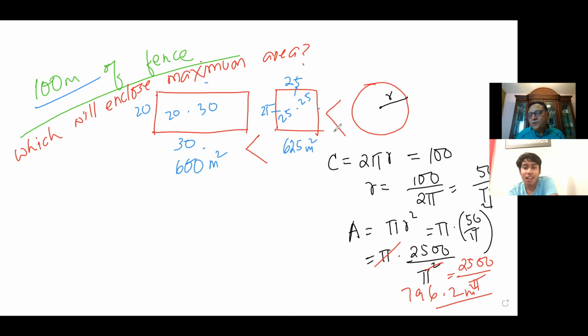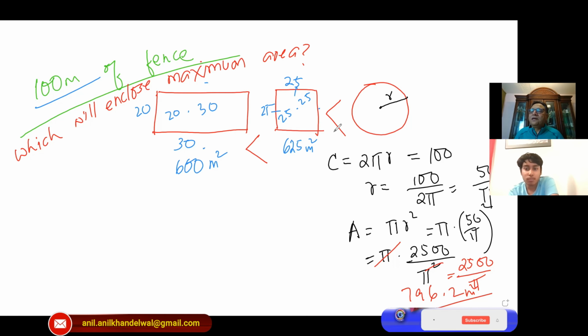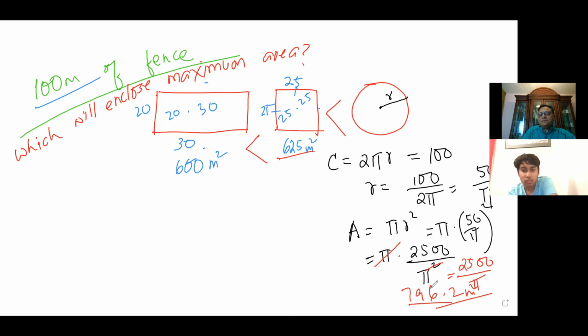Yeah. And therefore, this helps you to design a playground also. If you have limited resources, then you can make some things which are squarish or circular in nature. Because you see, there is a lot of difference, correct? Yeah. A lot of difference.